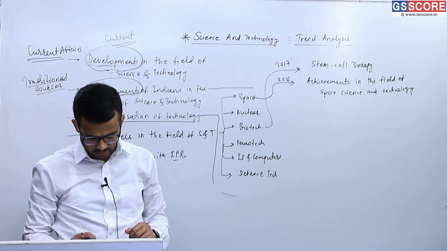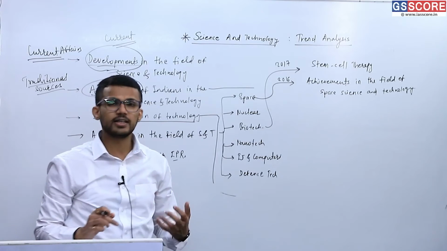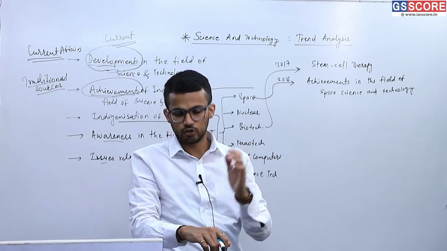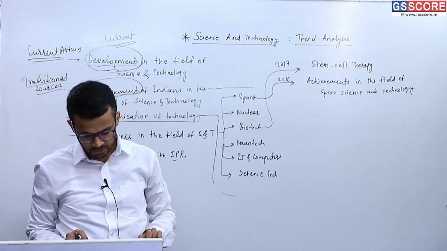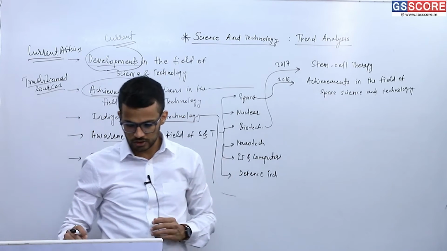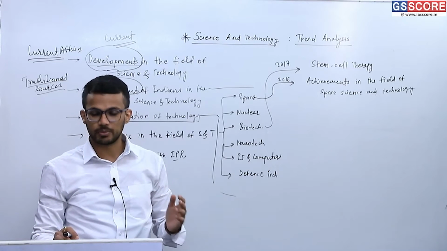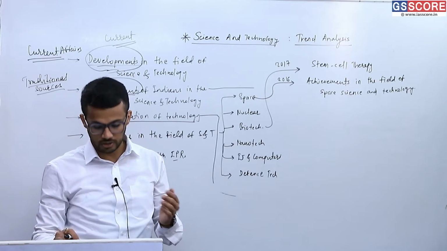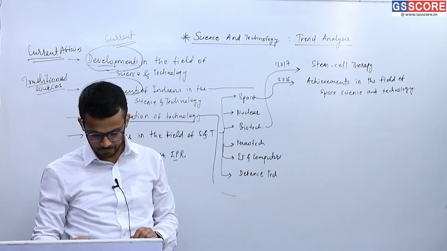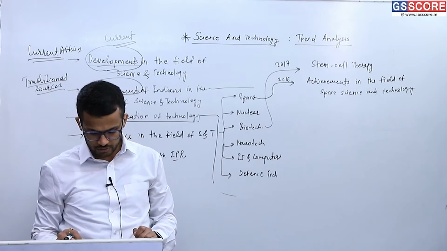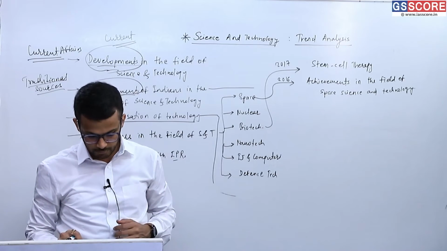Next question is about why India is not able to put a manned mission. In 2017's examination, there was a question on manned mission. The question was, India has achieved remarkable success in unmanned space missions, including Chandrayaan and Mars Orbiter Mission, but has not ventured into manned space missions.